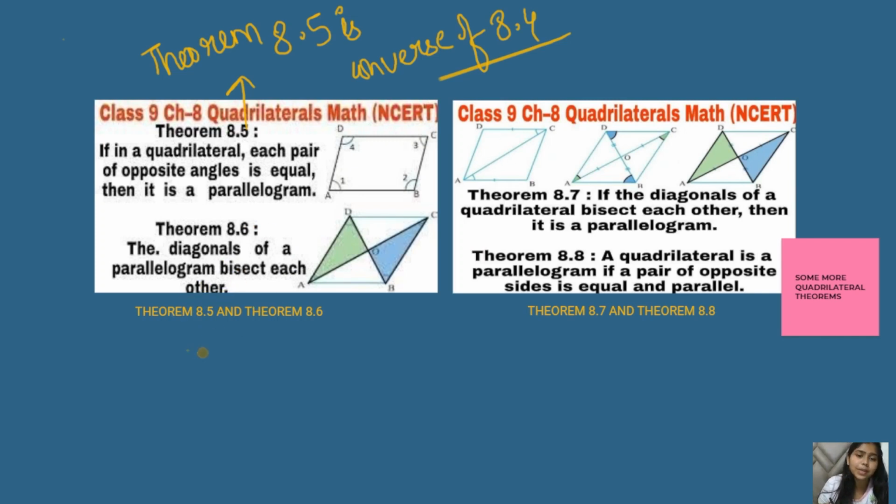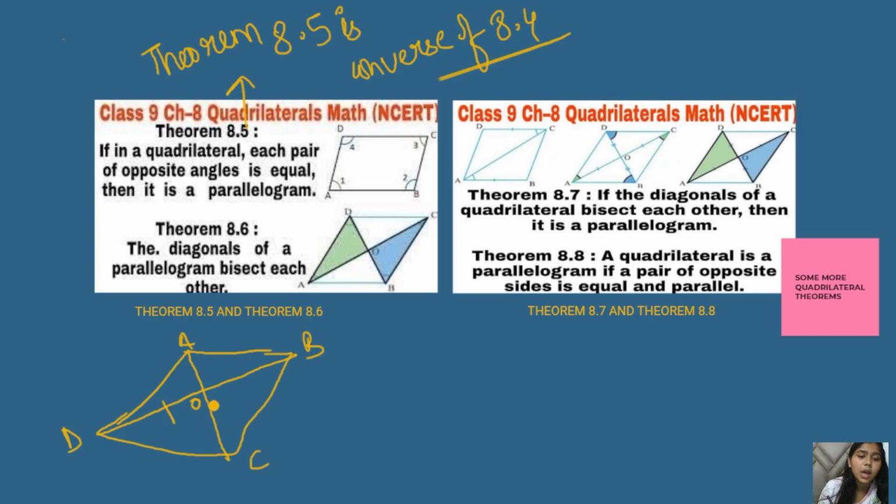What do you mean by bisection, and what do you mean by saying that they bisect each other? Let this picture be a parallelogram ABCD. This is a diagonal BD, and this can also be a diagonal AC. O is the point where both of these diagonals meet. According to this theorem, the diagonals of the parallelogram bisect each other.